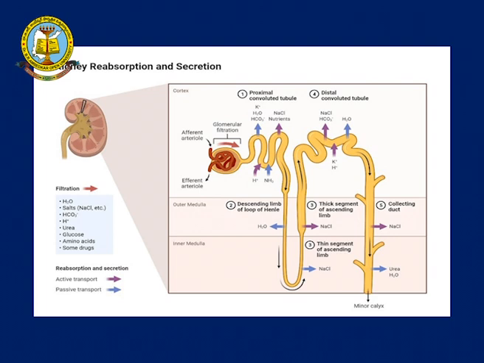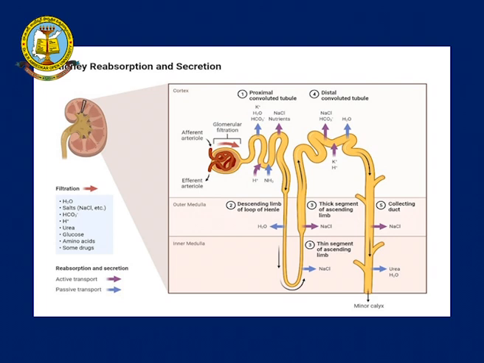So, in this glomerular region, whatever toxin molecules and substances are there, they are concentrated, absorbed and transported into the U-shaped tube, which is called the loop of Henle region.